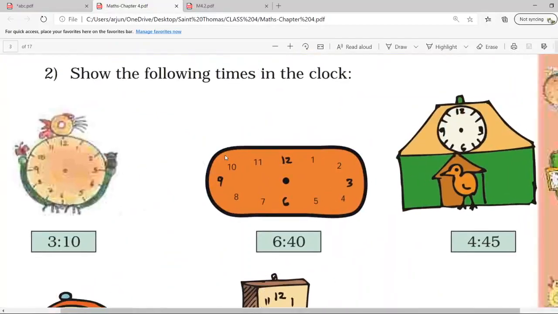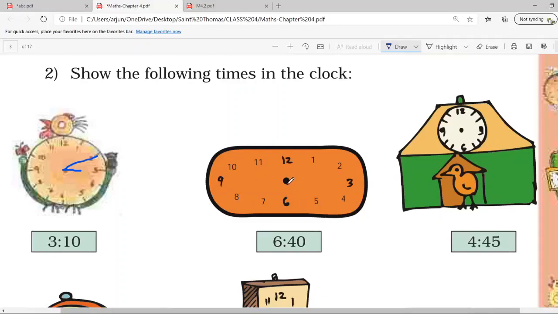So now the time is 3:10 in the first clock. The hour hand will be at 3 and the minute hand will be at 2. The next is 6:40.